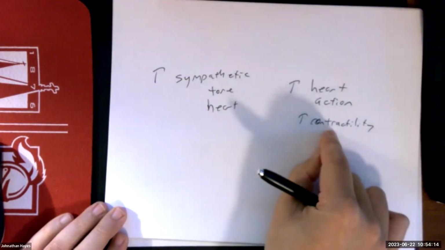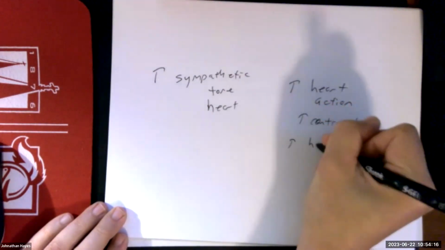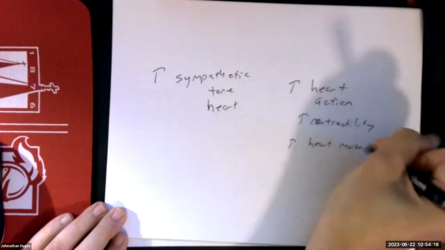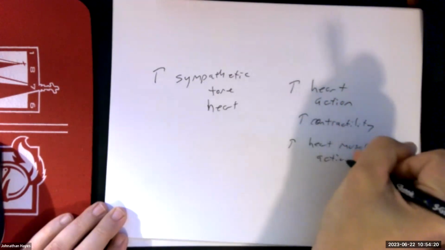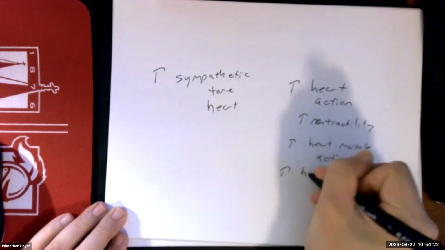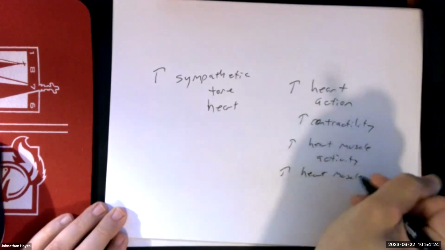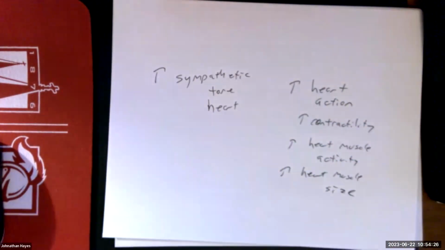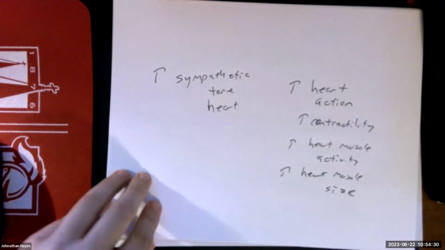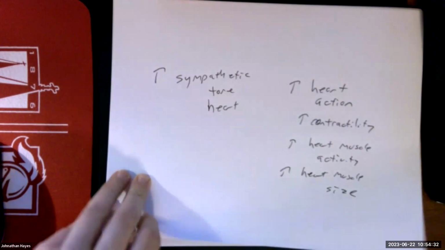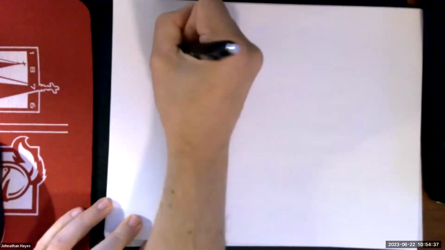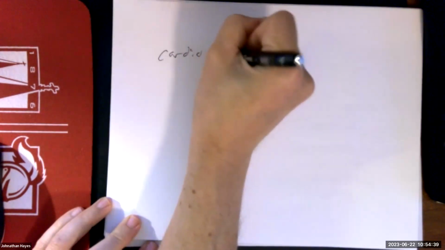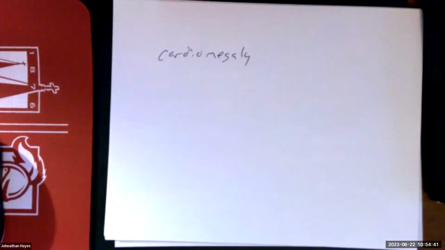So if I'm increasing heart contractility, that's increasing heart muscle activity, and that's going to increase heart muscle size, right? So over time, your heart's going to change. Which can then lead us to cardiomegaly.